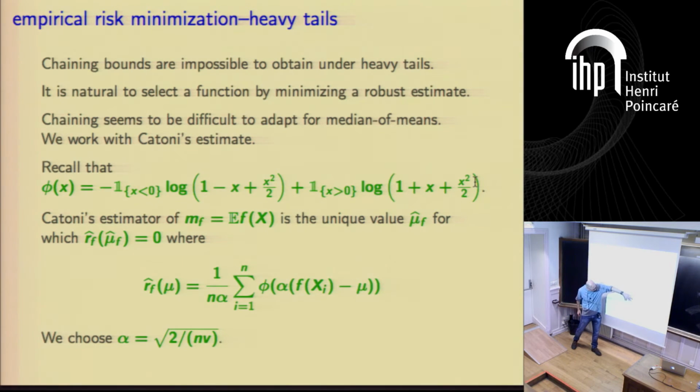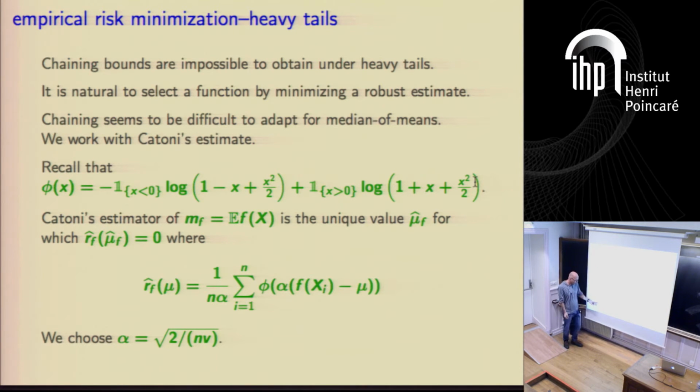For each mu, we calculate this function, where phi is this symmetric increasing function, and the estimator of the expected value of f of X is just the value of mu for which this equals 0.